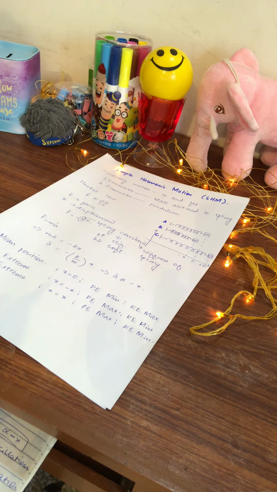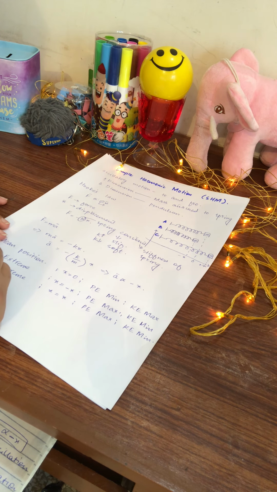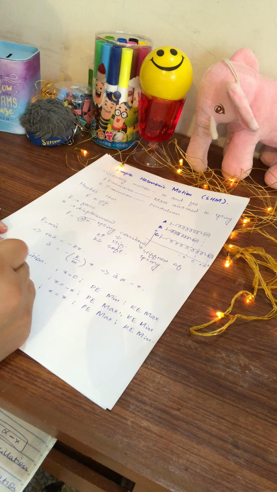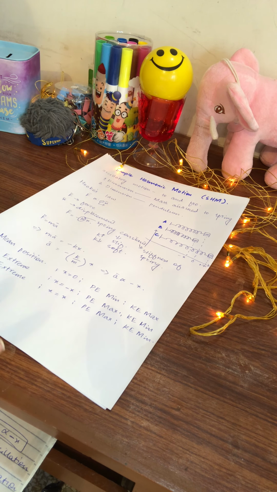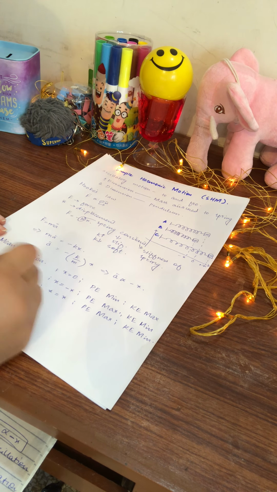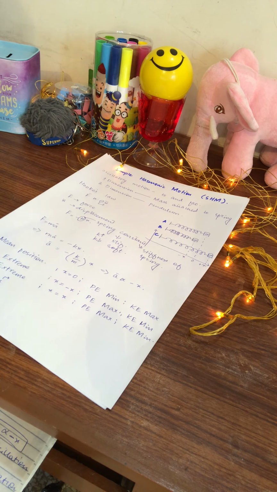Here we need to understand potential energy and kinetic energy. By definition, potential energy is equal to mgh in normal cases, but in our case it would be x. X can be positive or negative accordingly.